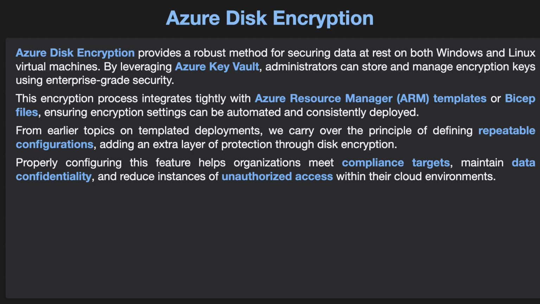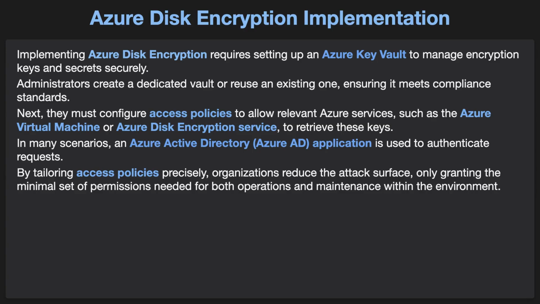Implementing Azure Disk Encryption requires setting up an Azure Key Vault to manage encryption keys and secrets securely. Administrators create a dedicated vault or reuse an existing one, ensuring it meets compliance standards. Next, they must configure access policies to allow relevant Azure services, such as the Azure Virtual Machine or Azure Disk Encryption Service, to retrieve these keys.